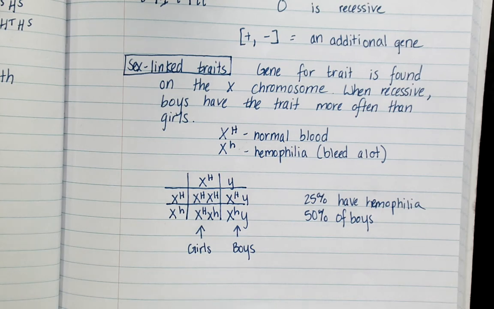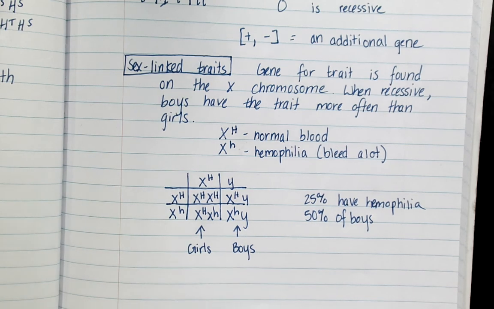If somebody has normal blood, the allele for that is dominant. So they only need to have one X chromosome that has that dominant allele, and they're fine. They're going to have normal blood. However, if you only have one X chromosome because you've got an X and a Y, it means that you only have one chance on that allele. So if you have the recessive one, there's no dominant to mask it. So it's going to show.